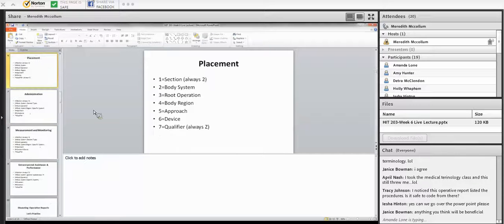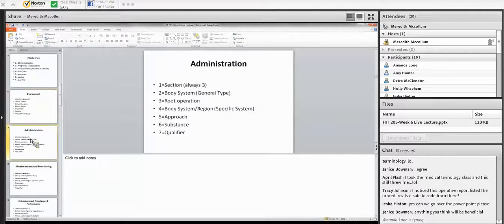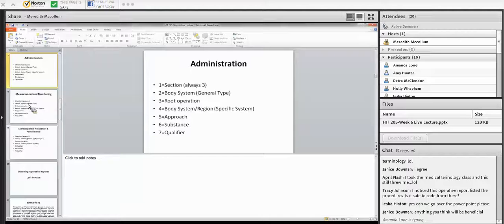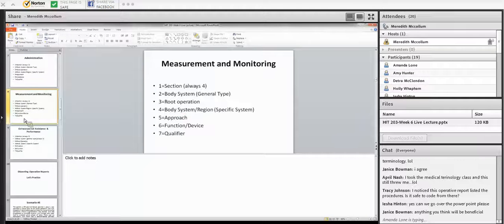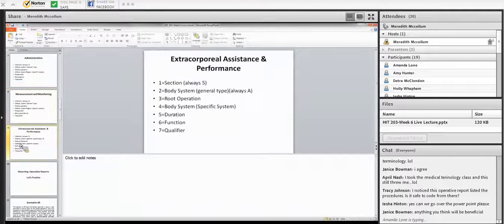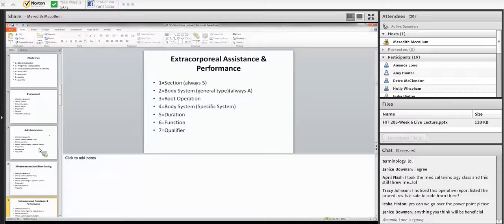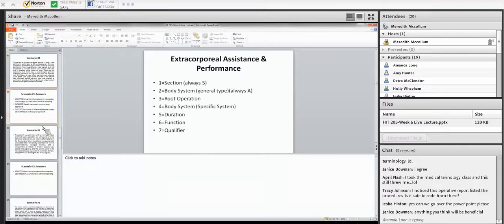This is a good thing to have printed out and look at. Like duration and function is different than the approach and the device. So let's look at the scenarios.